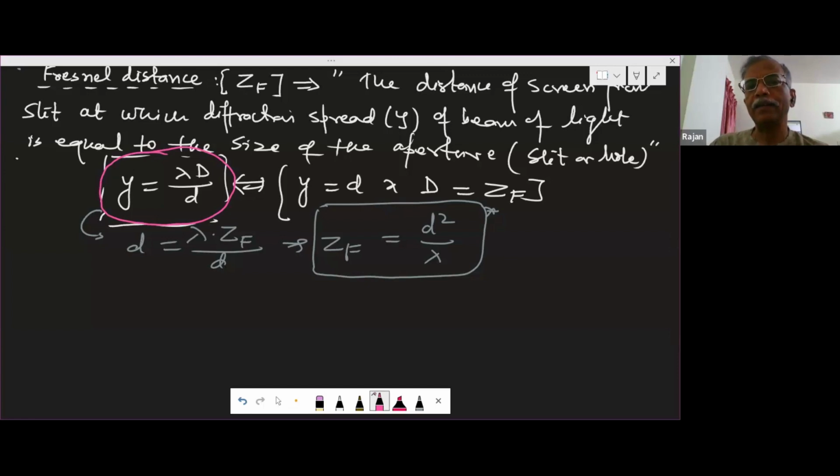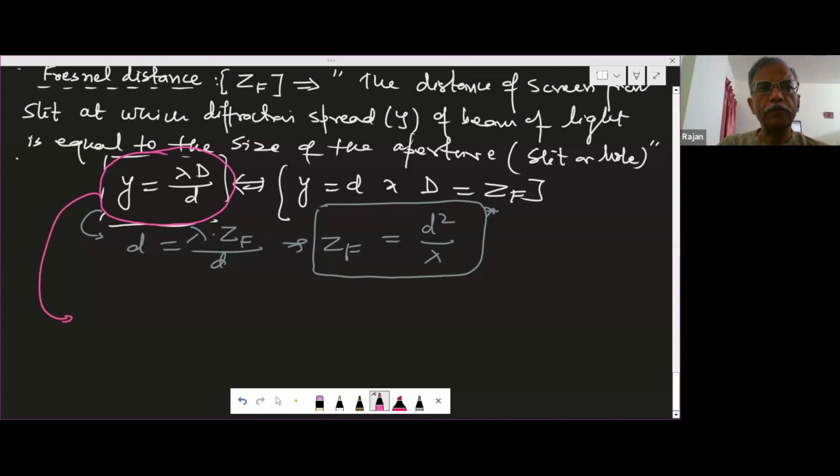If capital D is less than ZF, it is still better. You'll find y will be still smaller, so that point on the screen will be still closer to O. So ray optics is valid. If D is less than ZF, then the diffraction effect can be neglected. Diffraction means the bending, correct?